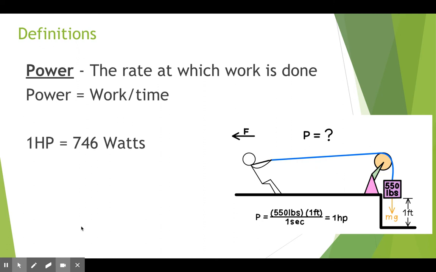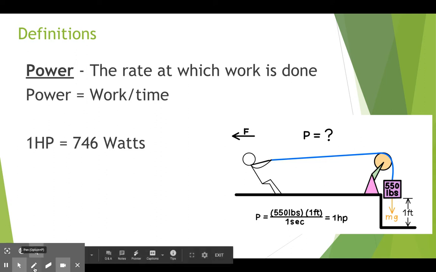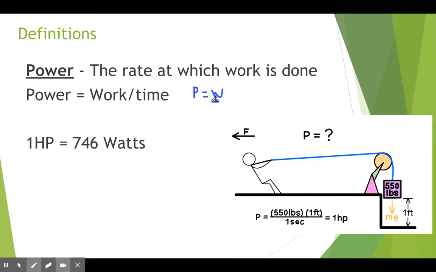So power is the rate at which work is done. Our equation for power is work over time. And the units for power are watts, which we use a W to represent.